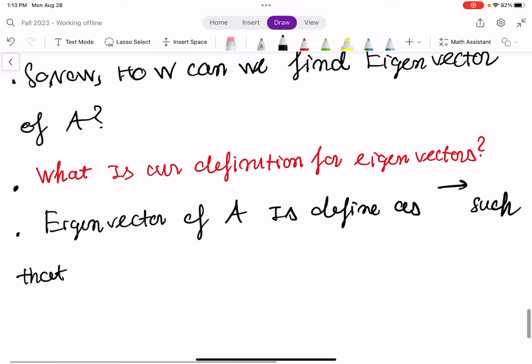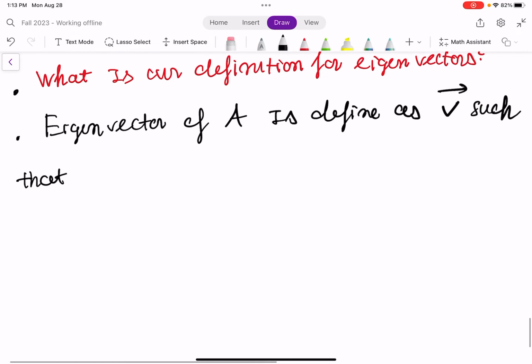V such that you can scale that vector using a matrix A into lambda V. Let me write it and I can explain for y'all.